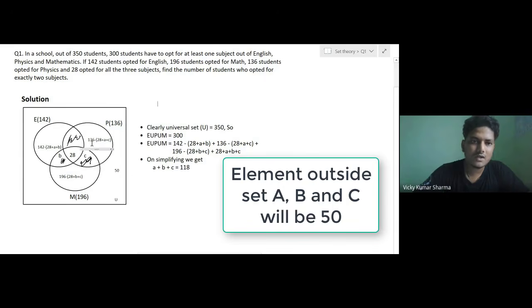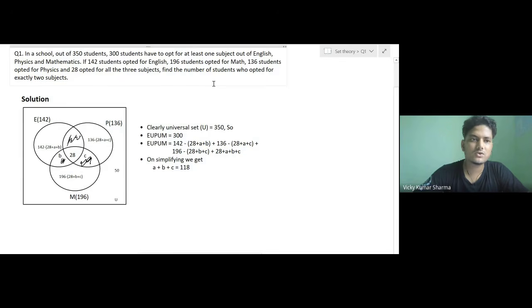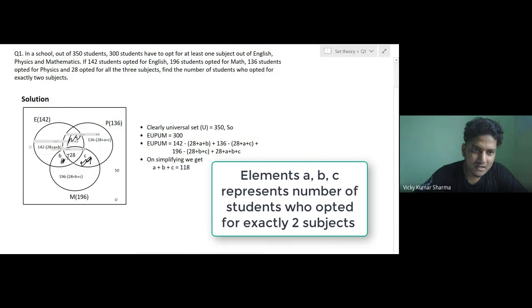Since we have to find the number of students who opted for exactly two subjects, we have to find this region. This is something I have highlighted earlier. You can see the one which is marked, just scratched around with the black sketch.